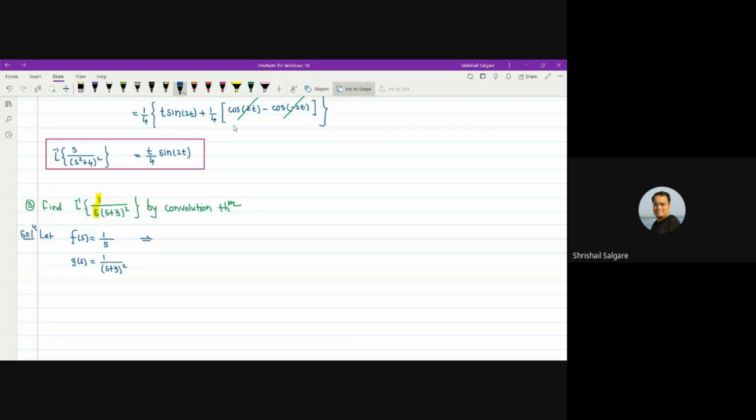Therefore, inverse Laplace transform of f of s is given as inverse Laplace transform of 1 upon s. What is the inverse Laplace transform of 1 upon s?